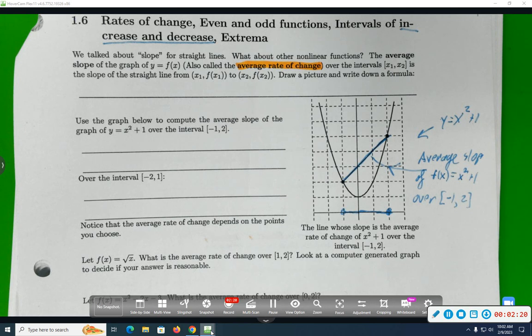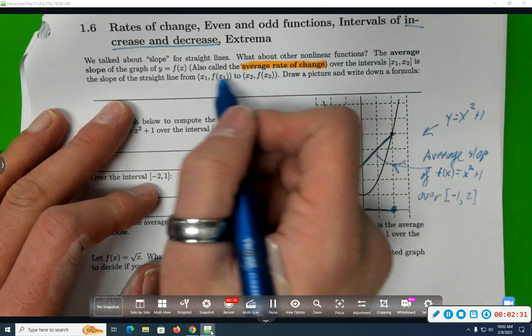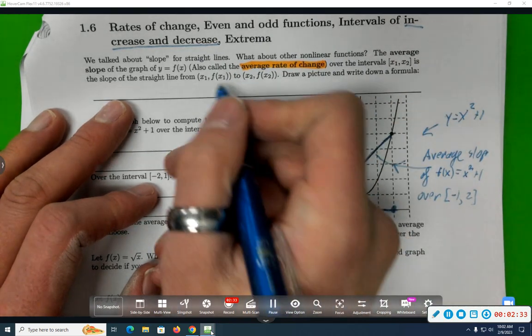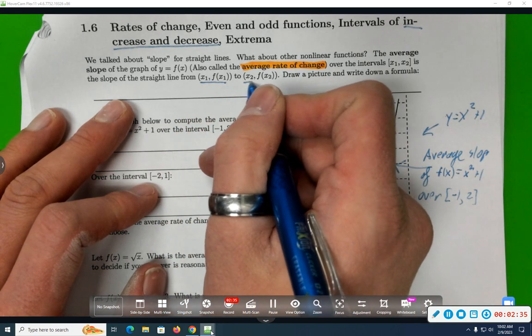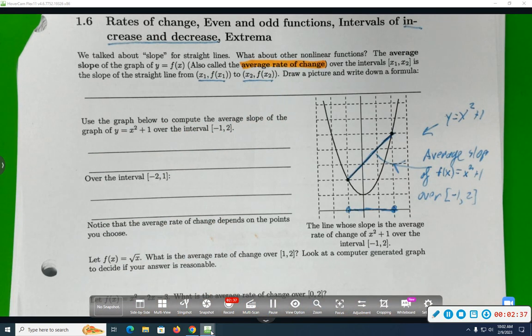Alright, so the average rate of change is just the slope of the straight line between those two points. Sometimes that's also called the secant line. Let's write down some formulas. It's the slope of the straight line between these 2 points, (x1, f of x1) and (x2, f of x2).